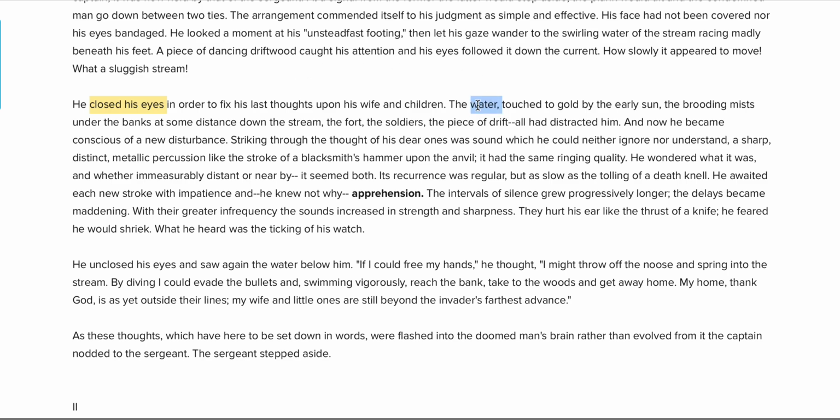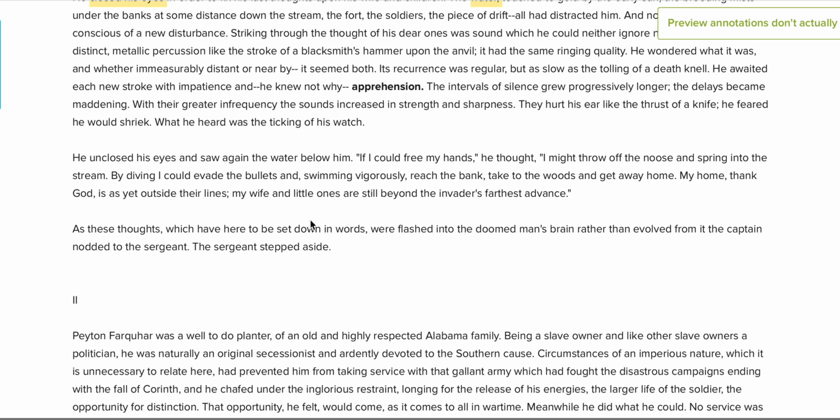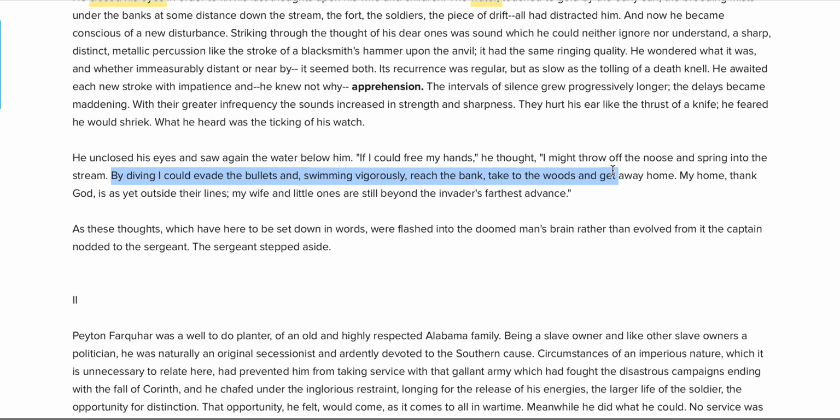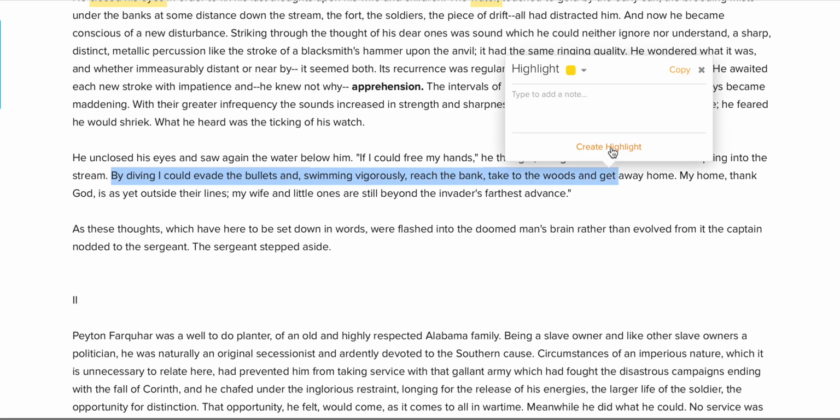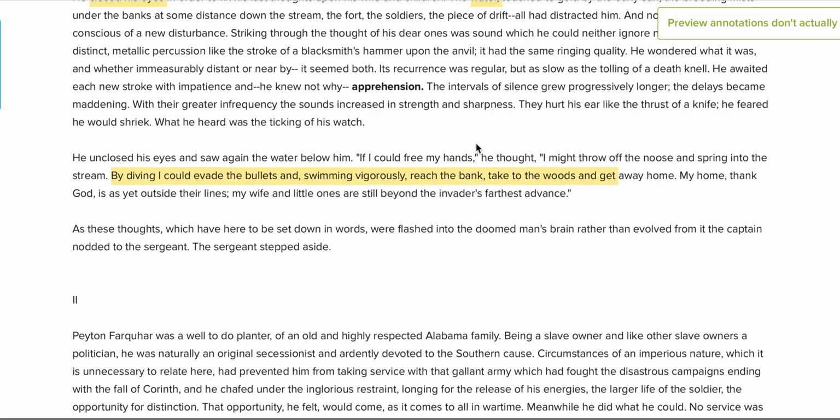And then we have a description of the water under the bridge. We know now what the man is thinking of. We're introduced to the idea that by diving he could evade the bullets, swim and then reach the bank, and this is what was happening inside his mind, and this is what we call stream of consciousness.